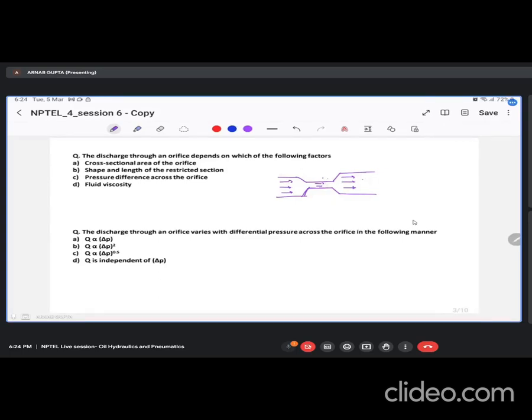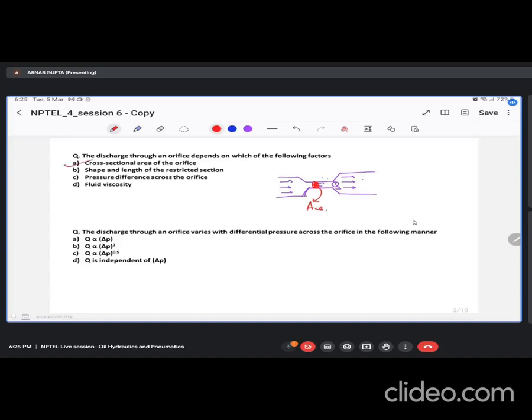So if you are asked what is the value of Q through this particular orifice, or through this particular circuit, then that depends on the cross section, this area.